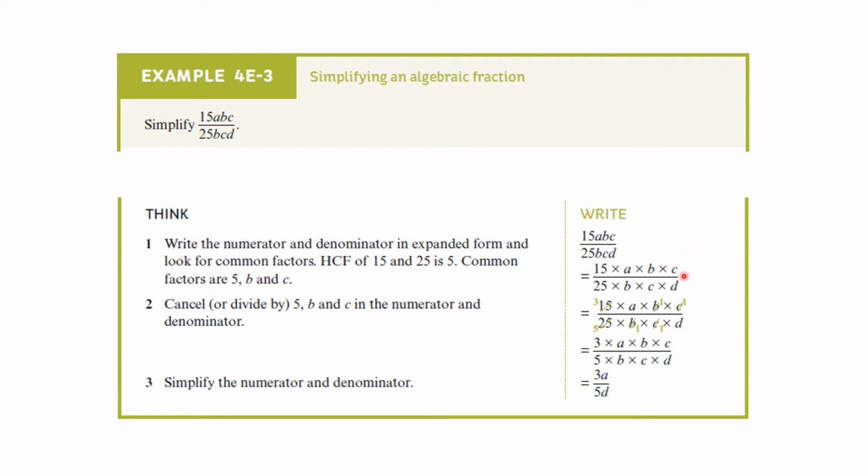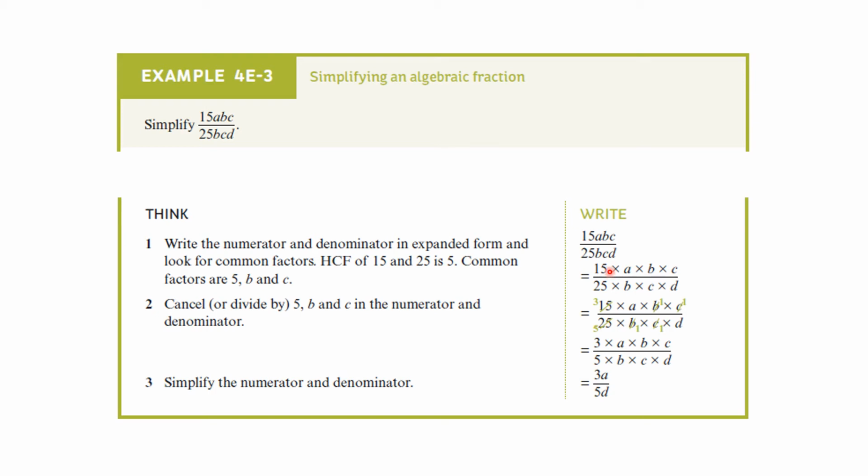So if we write it out in expanded form by putting in our multiplication signs, then we look for the common factors. If we look at the letters, I don't have any other A's except for this A here. I've got these 2 B's here which can cancel, and I've got these 2 C's here which can cancel, and this letter D is also just on its own.